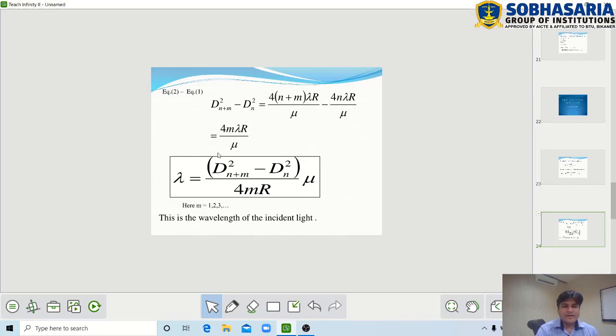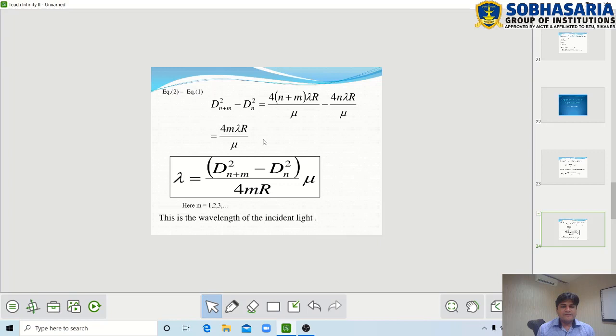After solving, we get d(n+m) square minus dn square equal to 4m lambda R upon mu. This is the value of d(n+m) square minus dn square.